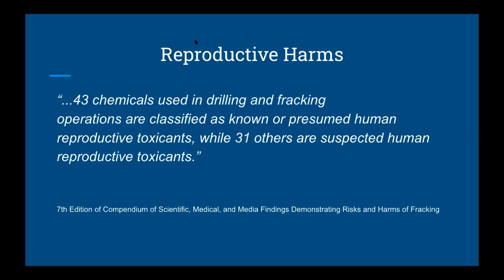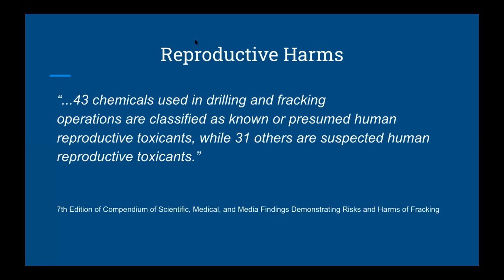This study was a recent one that came up in the compendium. 43 chemicals are classified as known or presumed human reproductive toxicants, while 31 others are suspected human reproductive toxicants. The studies that follow, I'll be going through, are all population studies, also called epidemiological studies.